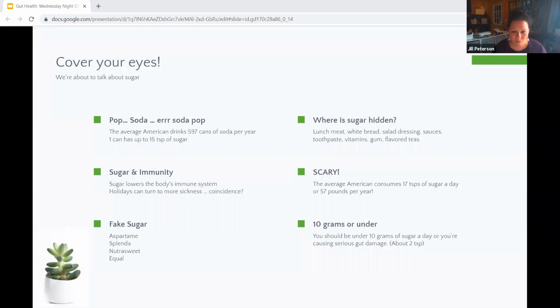You can think about it this way. One can has up to 15 teaspoons of sugar. Now imagine that you are in your own kitchen and think about a teaspoon, taking that teaspoon into a pile of sugar and just eating it. Most of us are not eating our sugar intake, we're drinking it.